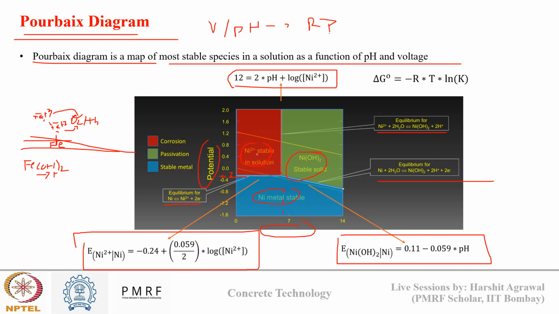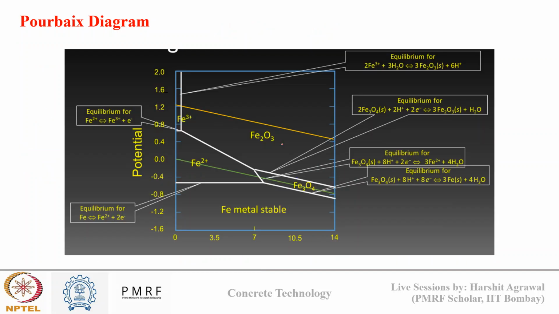So depending upon this, we can know which form of product will exist in which condition. Similarly, there is an application for iron also, which becomes a little more complicated because there are more possibilities of reaction to occur. The same Pourbaix diagram using the Nernst equation we can make for iron also by writing the Nernst equation for all combinations of reactions.